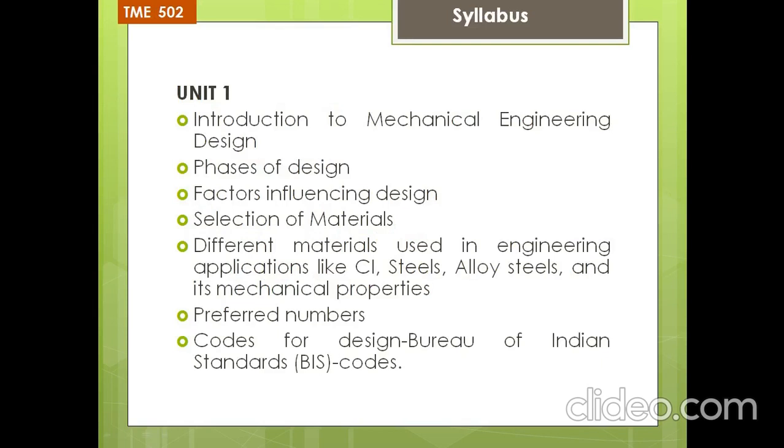This is the syllabus of Unit 1: introduction to mechanical engineering design, phases of design, factors influencing design, how the material is selected, different materials especially steel and cast iron, and in the steel there are some variants like alloy steel and its mechanical properties, preferred numbers and codes for design. These are the syllabus of Unit 1 as per the Graphic Era syllabus.